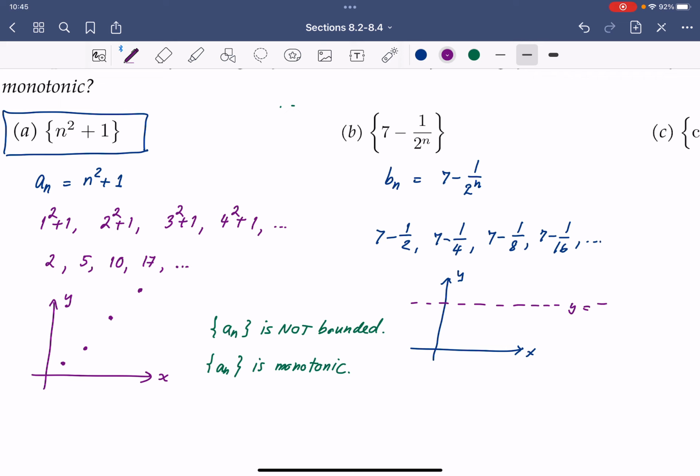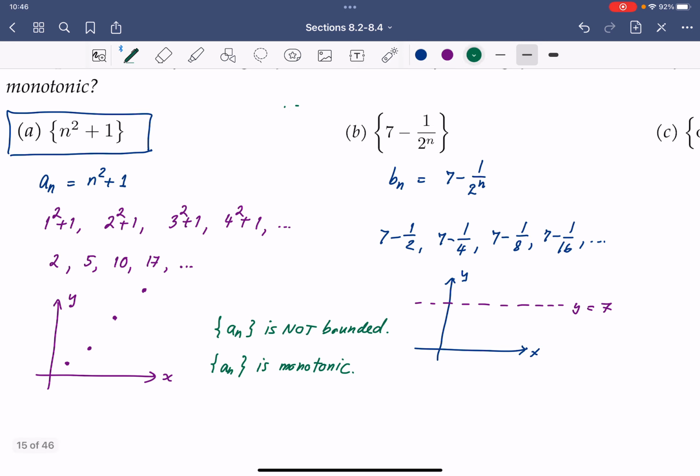You start from 7 minus 1/2, which is 6.5, and then 7 minus 1/4 is 6.75. So the sequence starts from 6.5 and just keeps going up. But it never touches 7, it just gets close to 7, because the number subtracted gets smaller and smaller, and at the end it's 7 minus 1 over something very big.